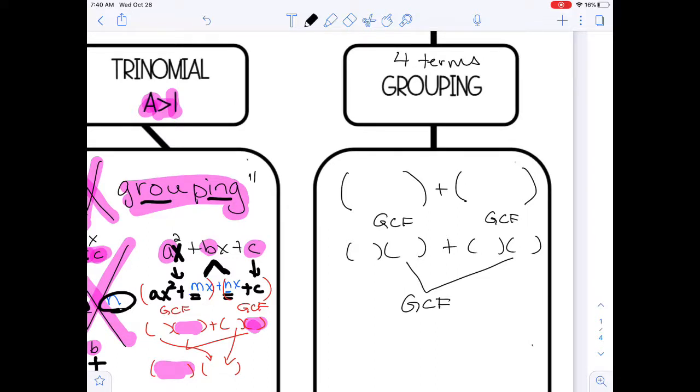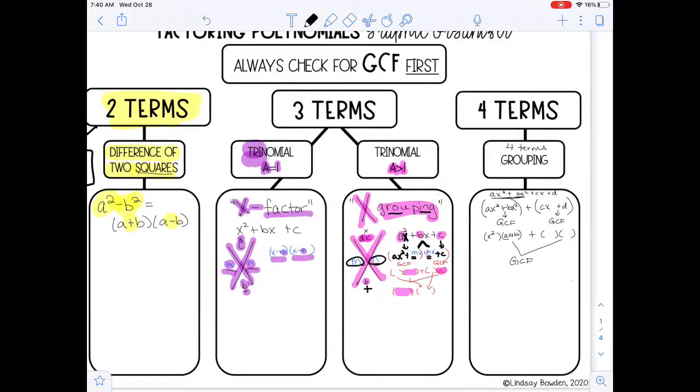And so, for example, if we have ax cubed plus bx squared plus cx plus d, we would take the first 2 terms and group them here, and we would take the second 2 terms and group them here. And then you'd pull out a GCF of both of these terms, which in this case, would be x squared, which you'd end up with ax plus b. And this GCF, there isn't one. So, but anyway, you'd go on from there, which is a lot like the last steps of the X grouping method.